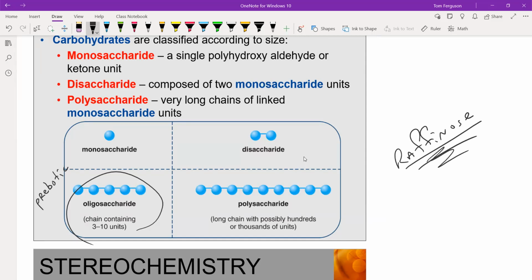Okay, monosaccharides, mono, as you know, meaning one. So that's 1 unit. An example would be glucose. Disaccharide, 2 units. An example would be sucrose or mannose.